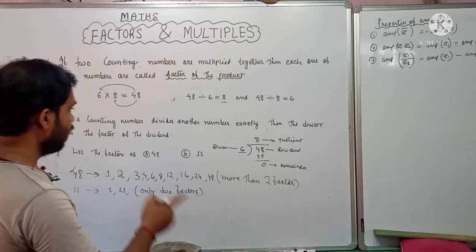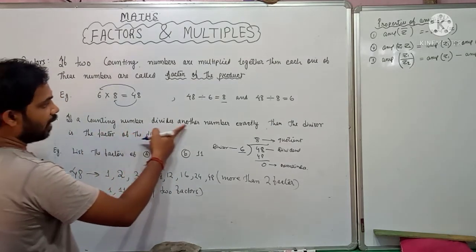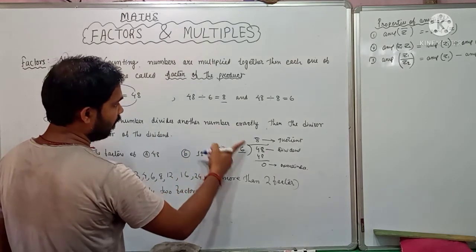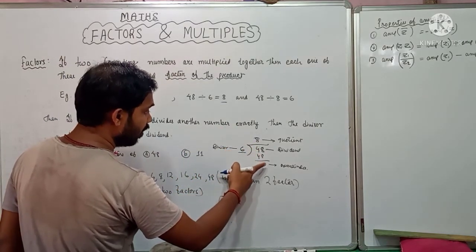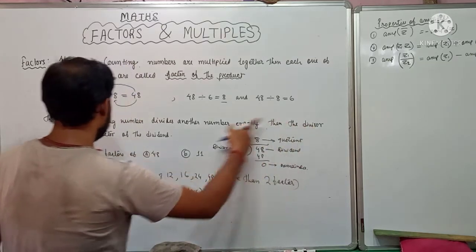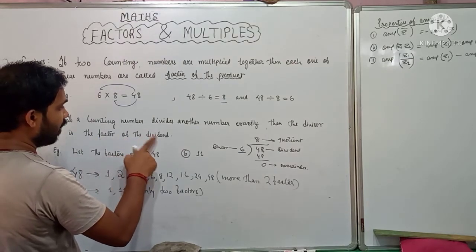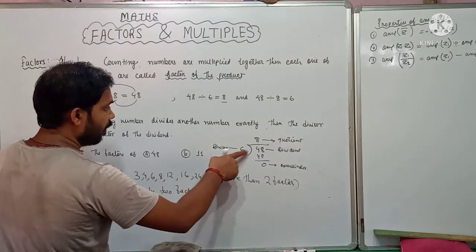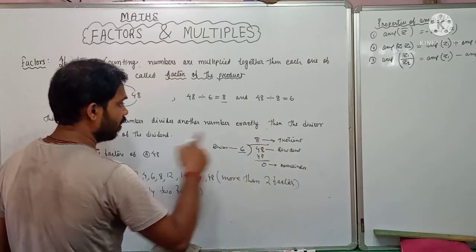So what the definition is saying: if a counting number divides another number exactly, because it leaves remainder 0, then the divisor is a factor of the dividend. Divisor is a factor of dividend, meaning 6 is a factor of 48.